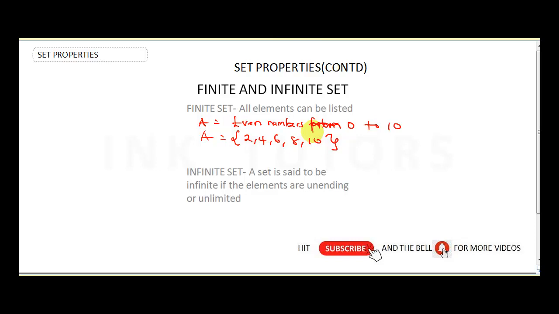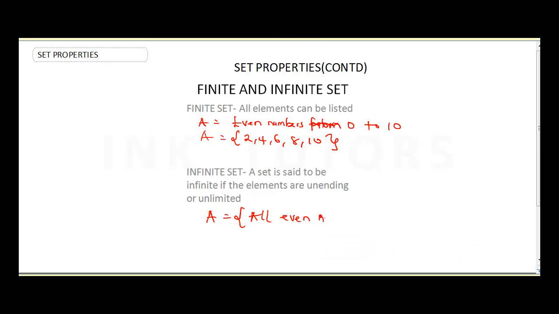Now, if we're talking about an infinite set, a set is said to be infinite if the elements are unending or unlimited. For instance, someone can say A is equal to all even numbers. If you want to list all the even numbers, you're going to get tired, and you can't even do it because it's unending, it's unlimited, it's infinite.